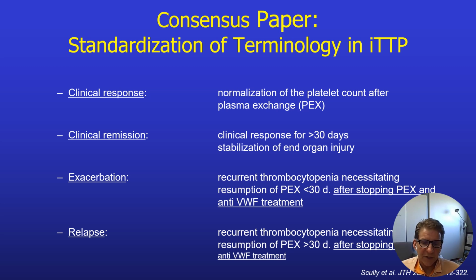An exacerbation is the recurrence of thrombocytopenia, or the recurrence of TTP, if you will, in the first 30 days after stopping plasma exchange or any additional anti-VWF treatment. A relapse is a recurrence that occurs beyond 30 days of plasma exchange or anti-VWF treatments such as caplacizumab. What these are supposed to do is differentiate a continuation of the previous episode, an exacerbation, from a relapse, which is a new distinct episode of TTP.